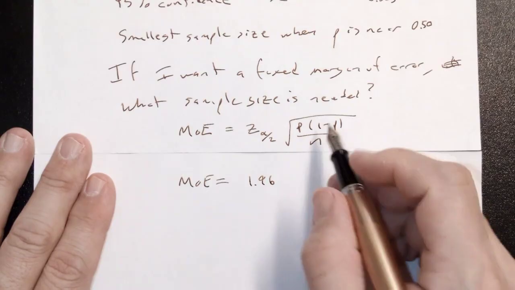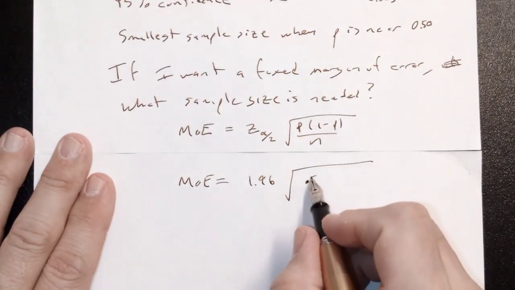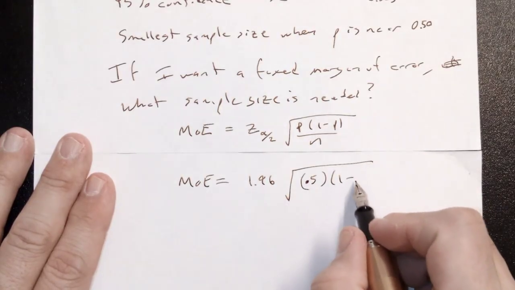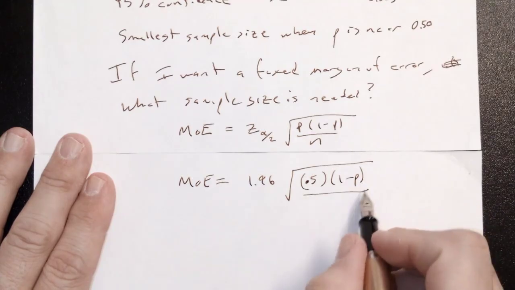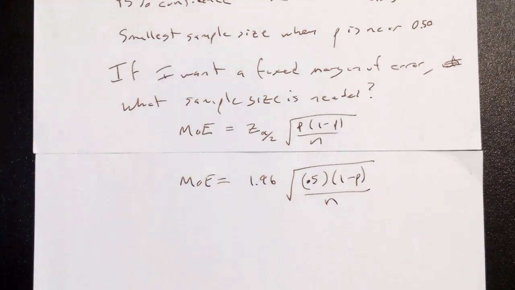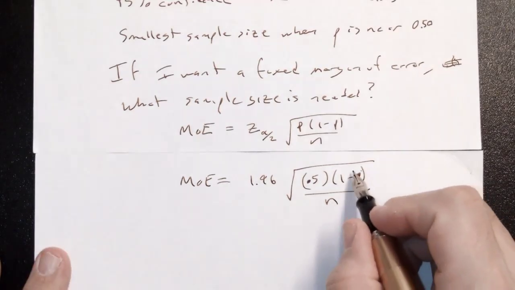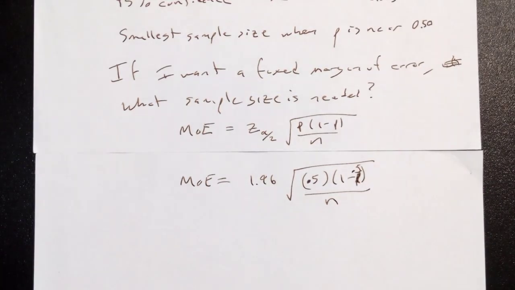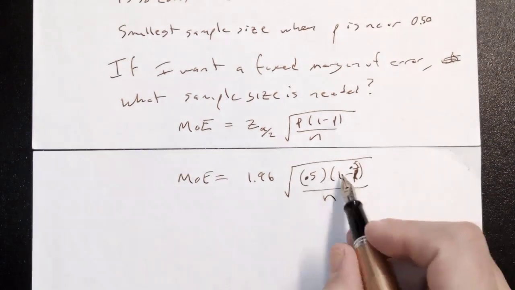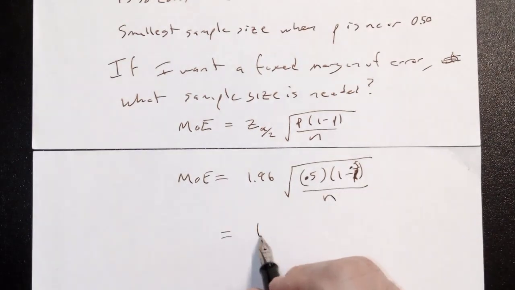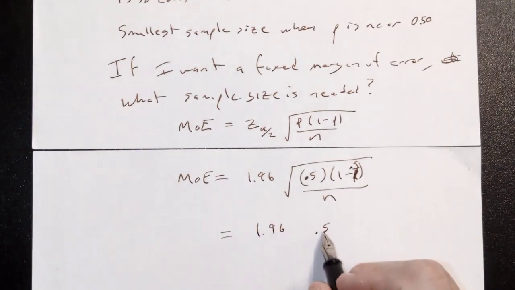And I can put 0.5 in for P. Oh, I wrote P, that should be a 0.5. Wait a minute. 1 minus 0.5 is also 0.5, isn't it? So this is 0.5 times 0.5 on the top.